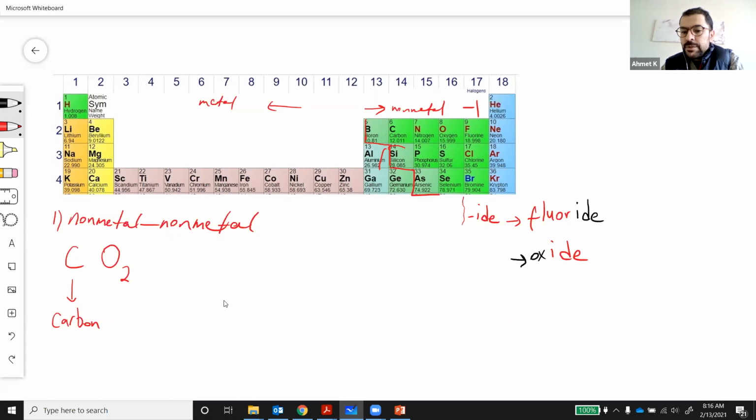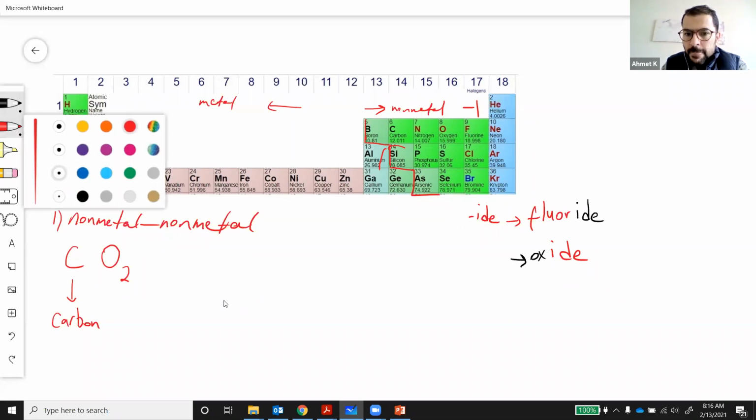If it's sulfur, it becomes sulfide. The same thing goes with nitrogen.